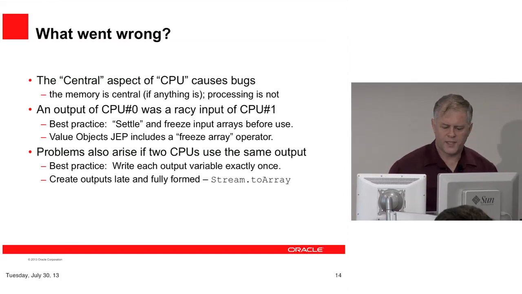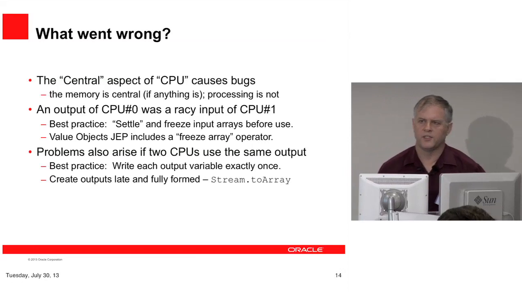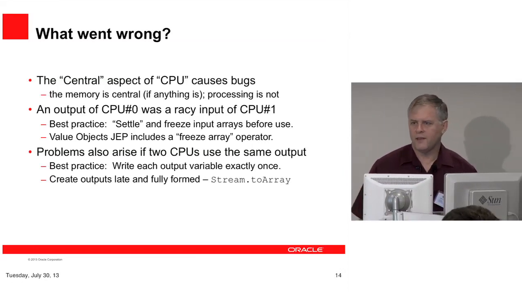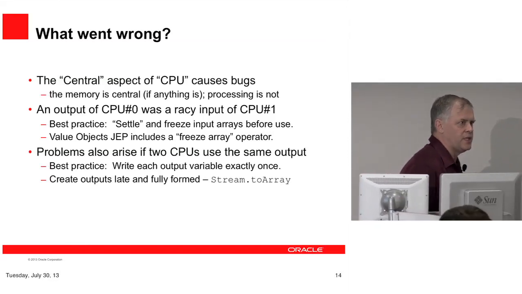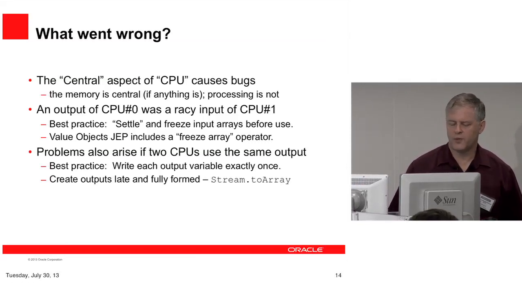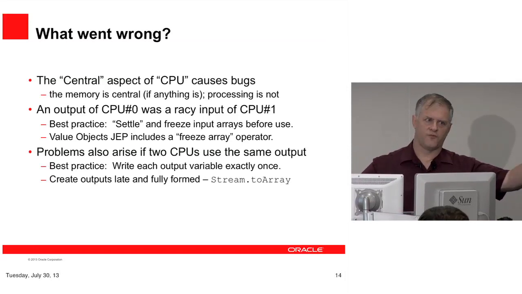Obviously there was a racy input to CPU number 1 in the previous diagram. I would say, I'm going to just inject opinions at will here because this is my talk. I would say I think the best way to handle this stuff is to separate outputs and inputs and have them work at different times and with different visibilities, so that in fact if you're making an output, it probably should be a complete output that's freshly created and has settled data in it that then can be somehow frozen, kind of like a string body is frozen.